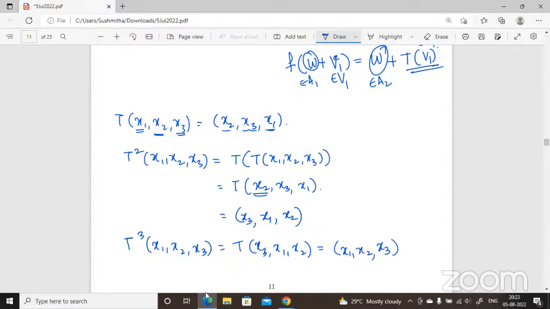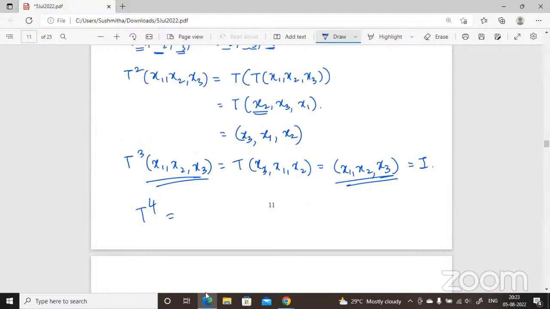So this is the identity transformation, right? x1, x2, x3 goes to x1, x2, x3. So now you need to calculate T4, right? T power 4 is T of T cube, and T cube is identity. T power 4 will be.